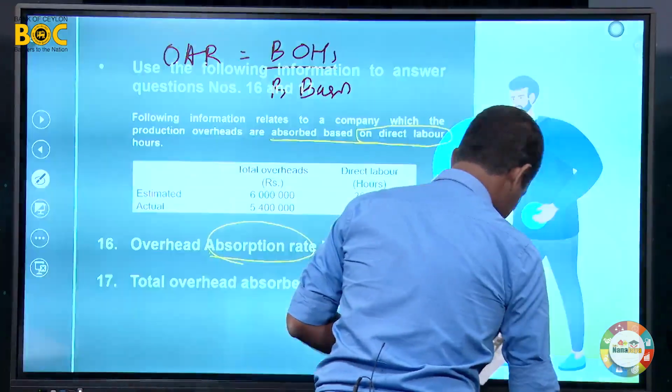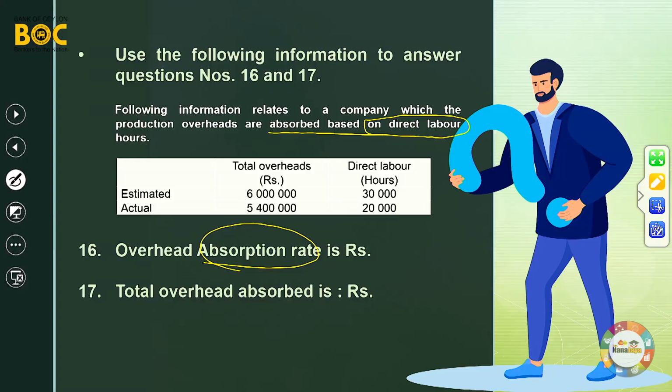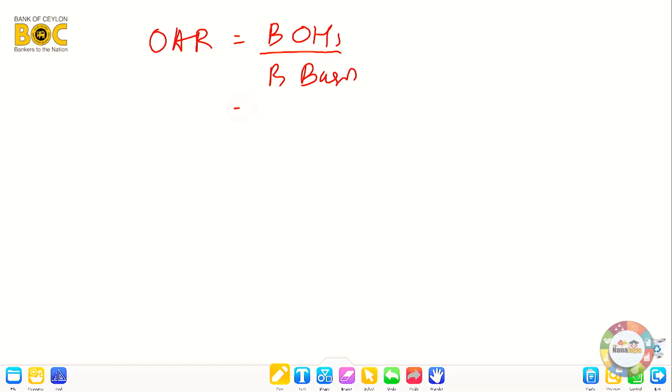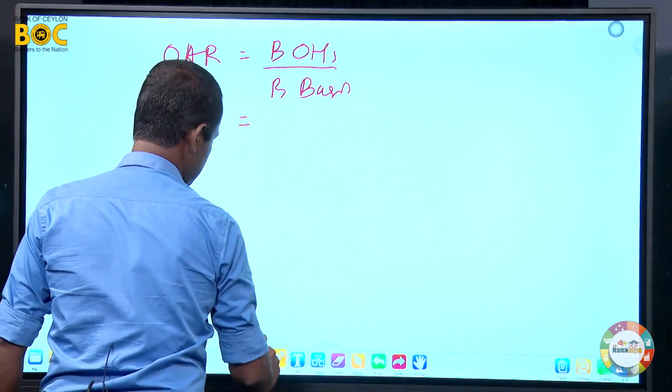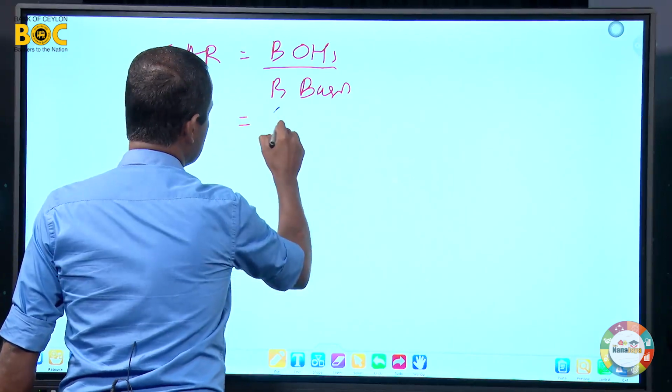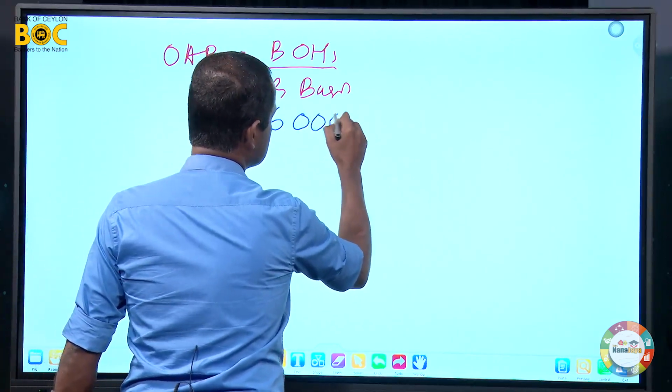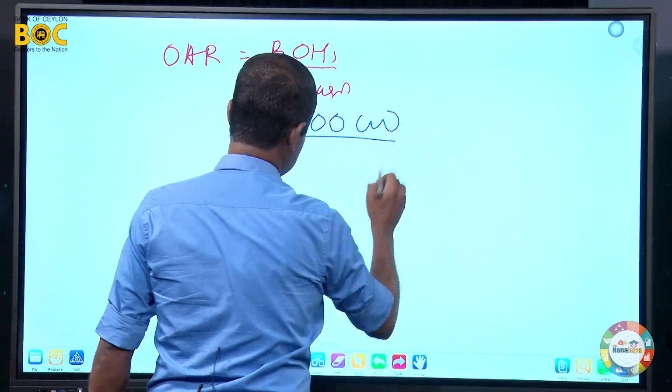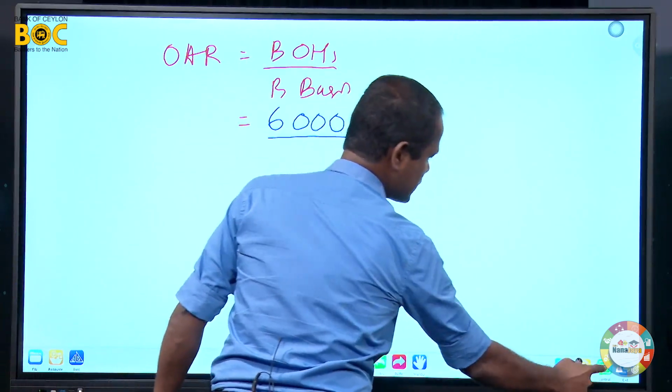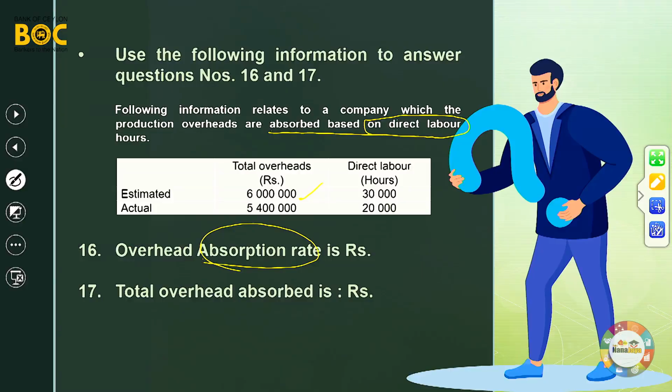So how much is the estimated overhead? Estimated overhead is given as 6 million rupees. What is the budgeted basis? Overhead is absorbed based on direct labor hours.